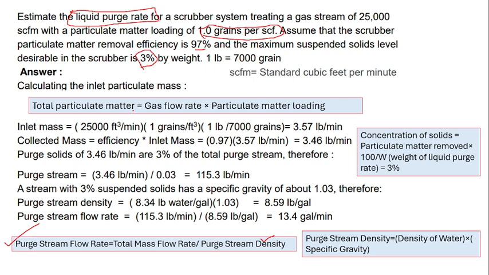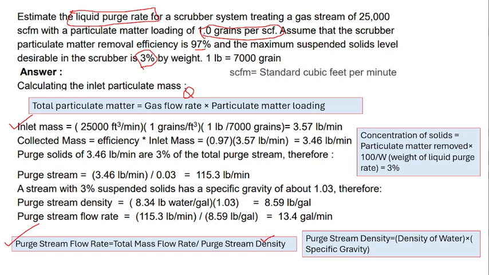Total particulate matter is equal to gas flow rate times particulate matter loading. This will give you the inlet mass. What is the inlet particulate matter weight? It is equal to the gas flow rate Q, which is given in the question as 25,000 cubic feet per minute, times the particulate matter loading, which is 1 grain per cubic foot.